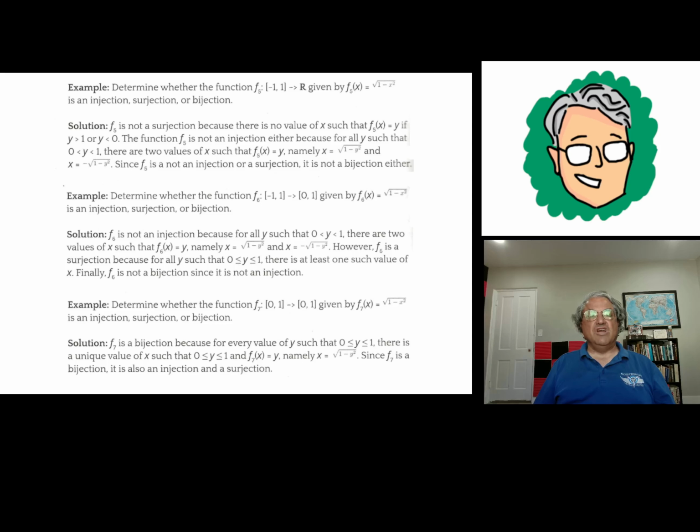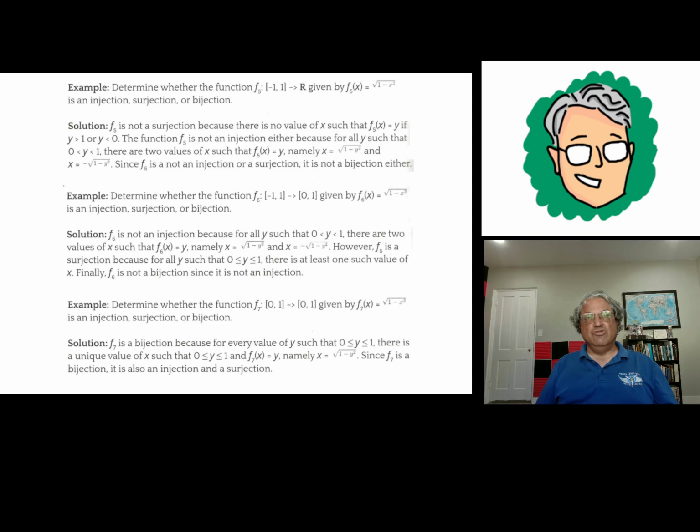The way you get the inverse of a bijection graphically, if the domain and range are subsets of real numbers, is that the inverse of a function is just the graph you would get if you reflected it about the line y equals x, the main diagonal.